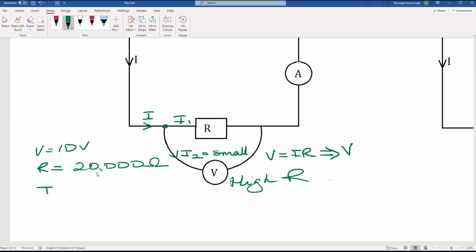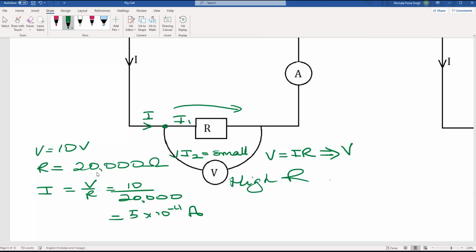The current that I'm going to pull is really small, so small that I will get nearly all the current here passing through the resistor. So let's see, V over R, you're going to get 10 over 20,000. So you can already see you get a really small number here, 5 times 10 to the minus 4 amps.